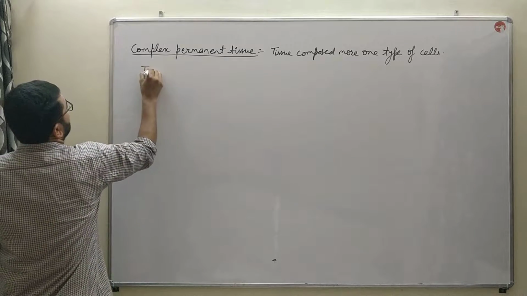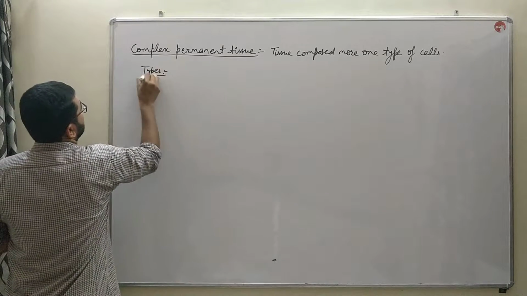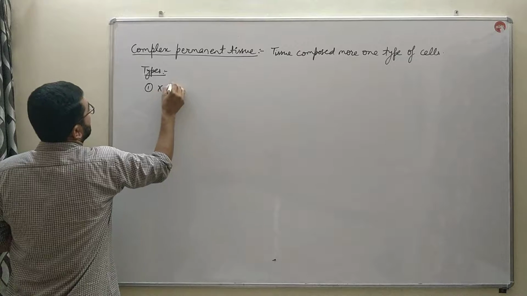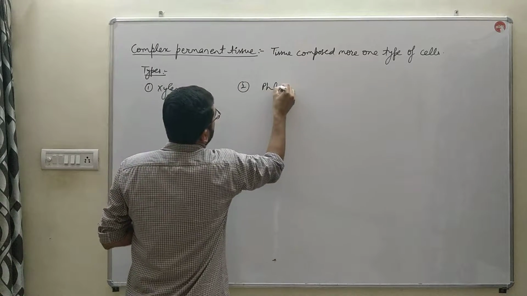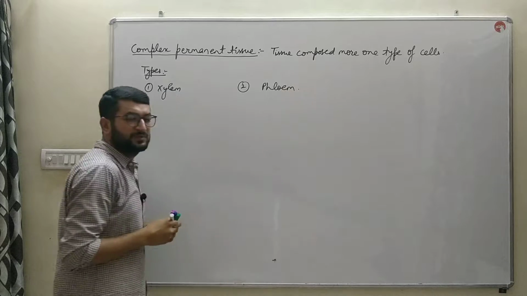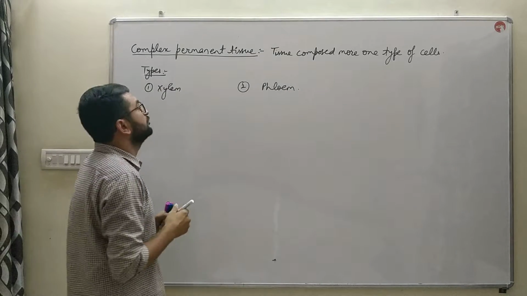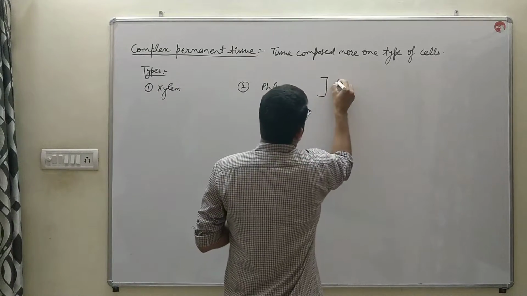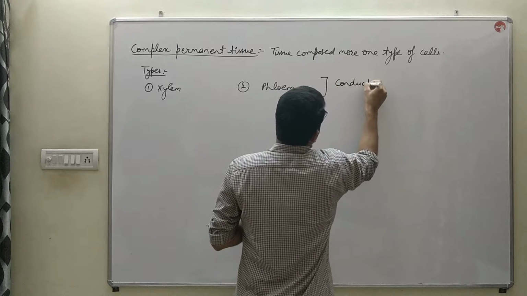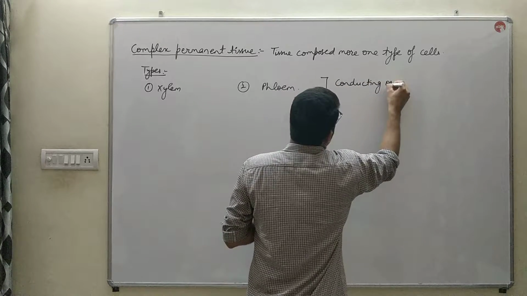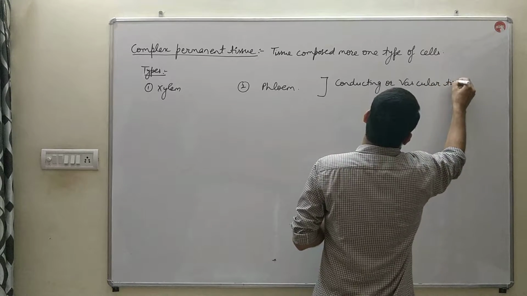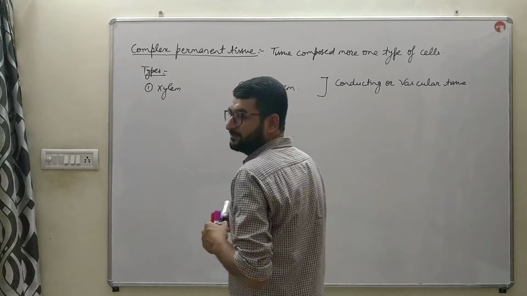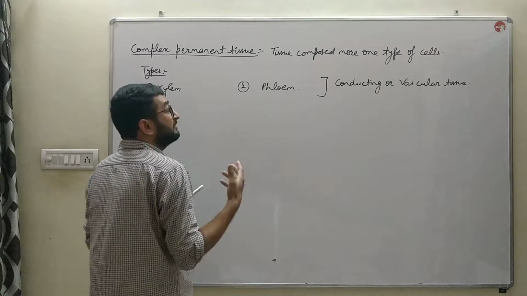It is of two types. The first one is xylem and the second one is phloem. Both of these tissues are also known as conducting or vascular tissue of plants. Why are they known as conducting or vascular tissue?